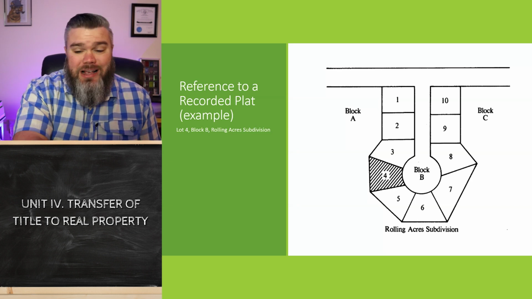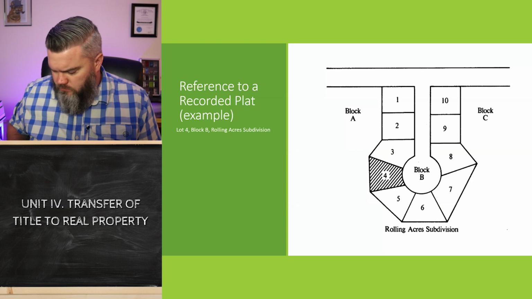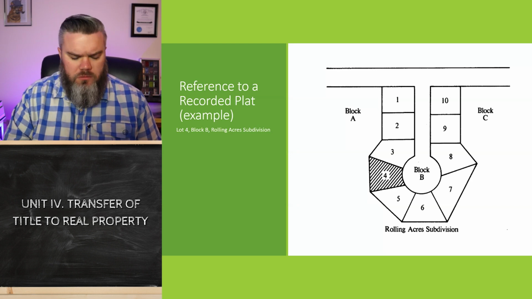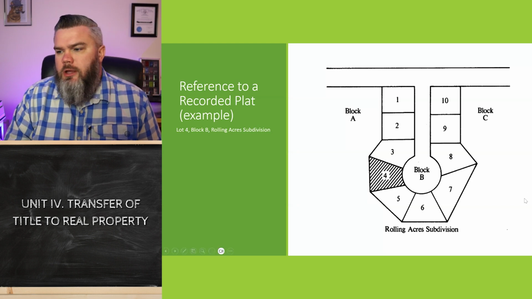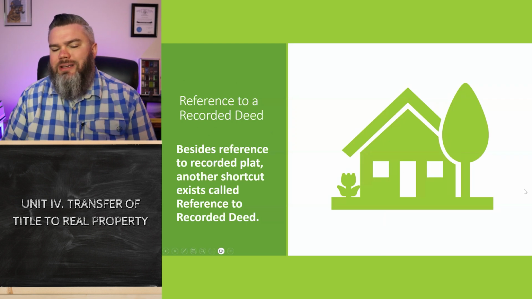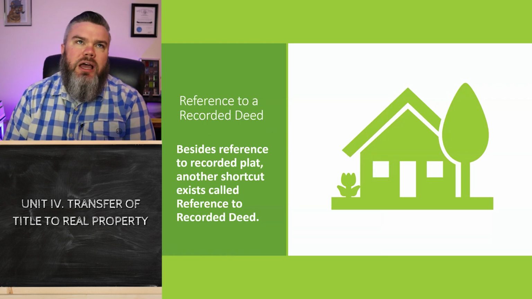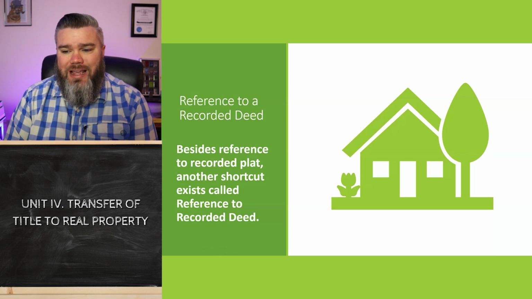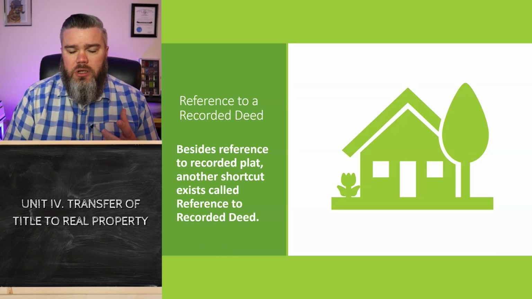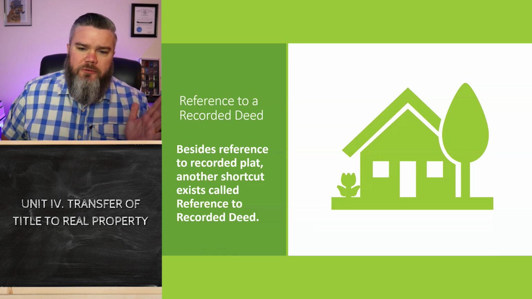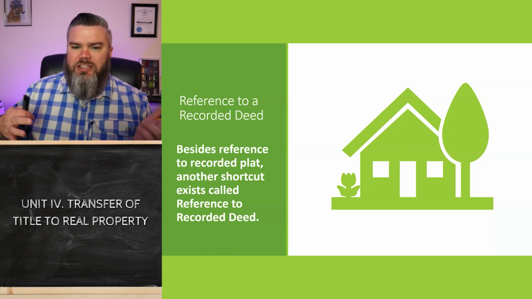And the last one is reference to a recorded deed. And we're going to talk about deeds a little bit more here in a minute, but deeds are required to contain a legal description. So the reason why the reference to a recorded deed works is kind of the transitive property.